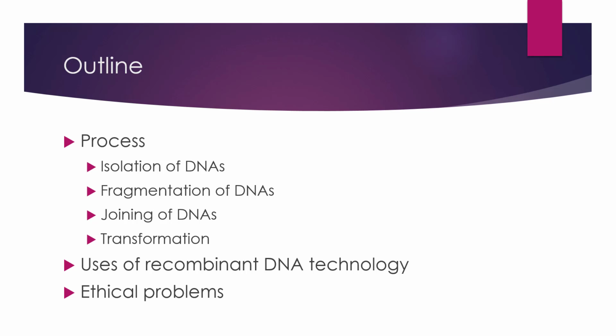I'm going to go through the process in a little more detail, starting from isolation of the DNAs of both the donor and the vector DNA, followed by the fragmentation or cutting of the DNAs, going into the joining of DNAs, the transformation, and then in the final slide, I'll talk a little bit about the uses of DNA technology. I'm going to put a little extra focus on genetically modified organisms, or GMOs, and then some of the ethical problems that arise with things like GMOs.